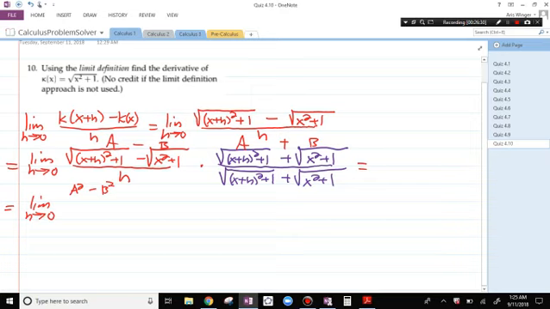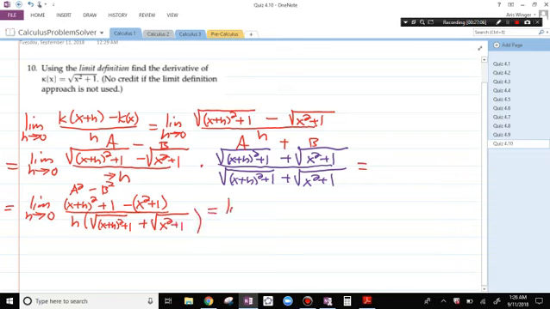So all these square roots cancel, and you're left with x plus h squared plus 1 minus x squared plus 1 all over, there's an h down here, this h right here, times the square root of x plus h squared plus 1 plus the square root of x squared plus 1.